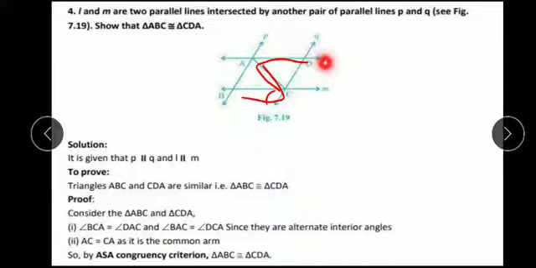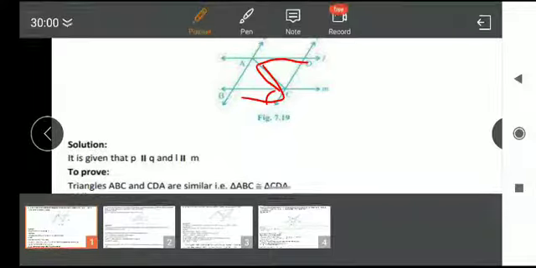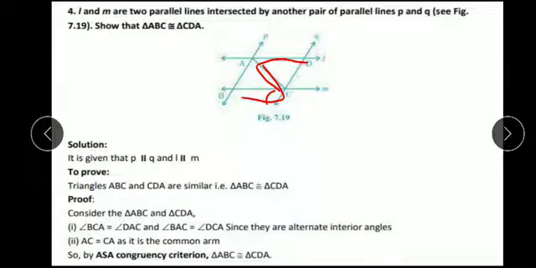Similarly, we can say angle BAC is equal to angle ACD. Now in these two triangles, this angle is equal to this angle, and similarly this angle is equal to this angle.